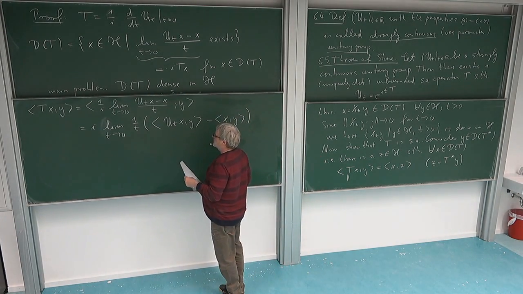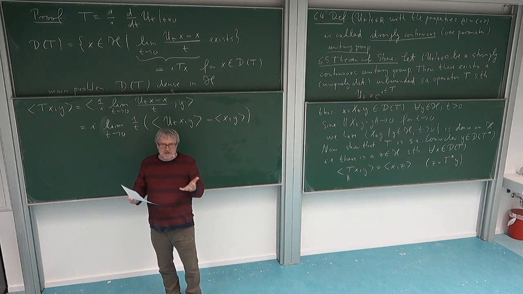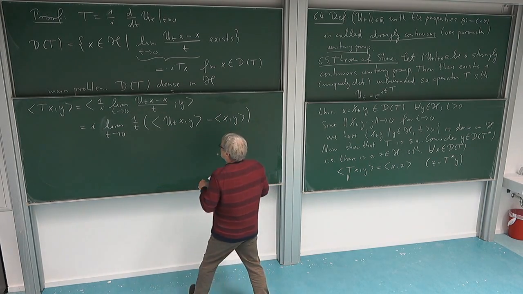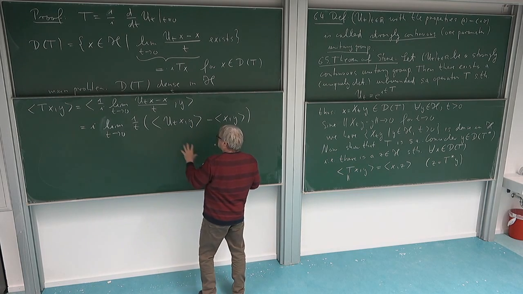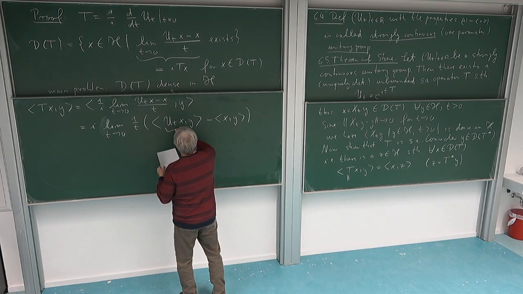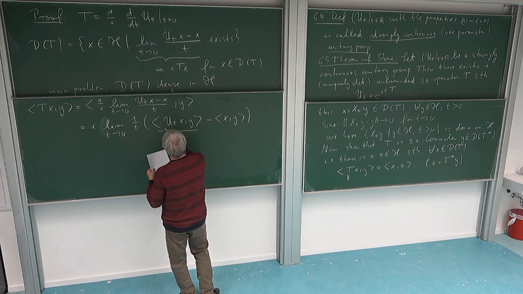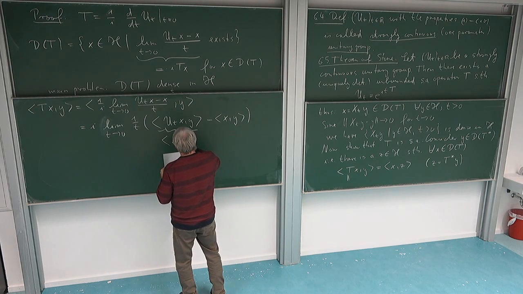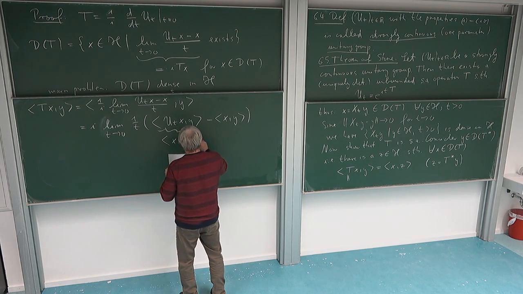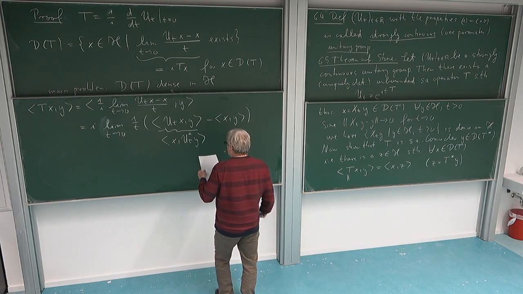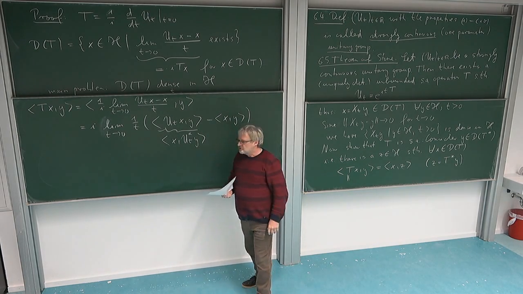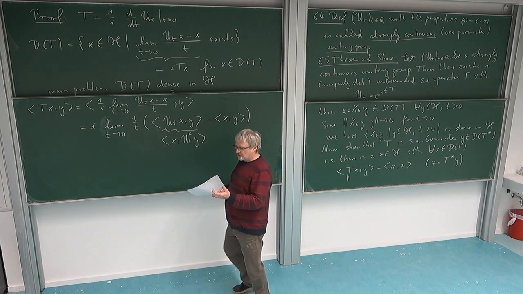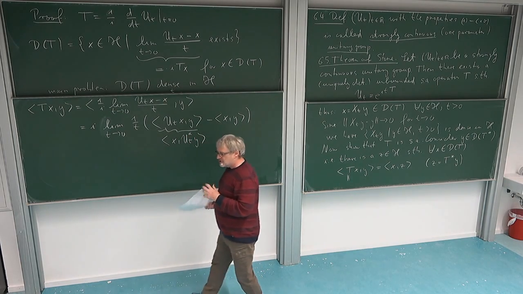And now, of course, I want to bring things on the other side. I have to move the u_t from one side of the inner product to the other. This appears on the other side as the u_t star of y. But we know the u_t is unitary and it satisfies this semigroup property.